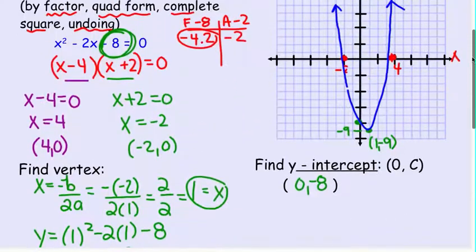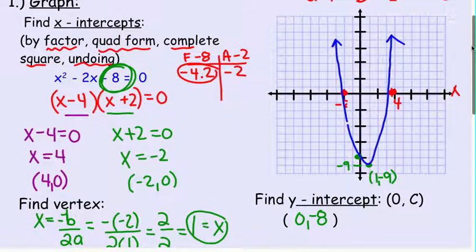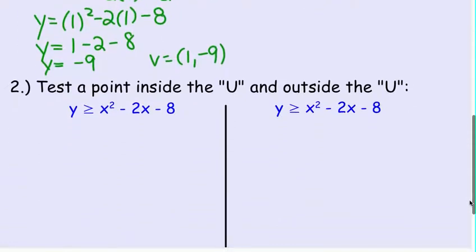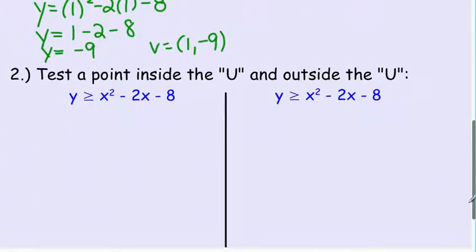So we're going to pick a nice easy number inside, like 0, 0. That'll be inside the parabola. And then let's pick something outside the parabola, something like maybe 6, 0. So inside would be 0, 0, and outside would be 6, 0.